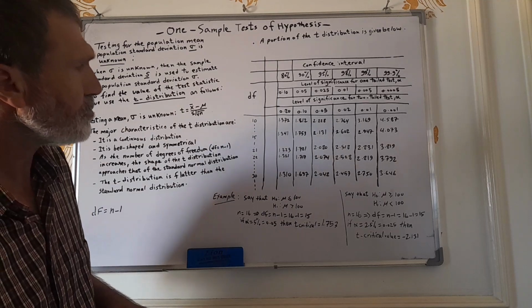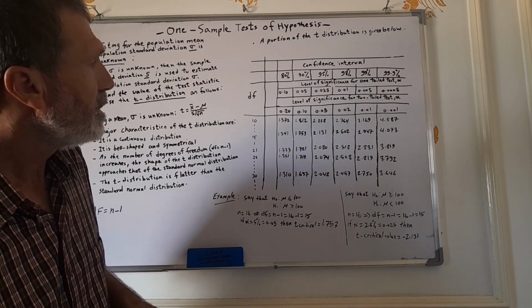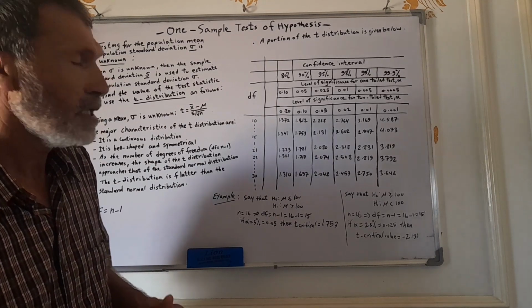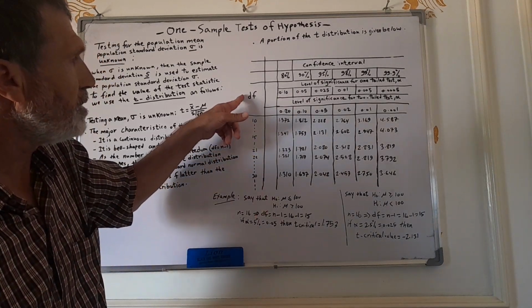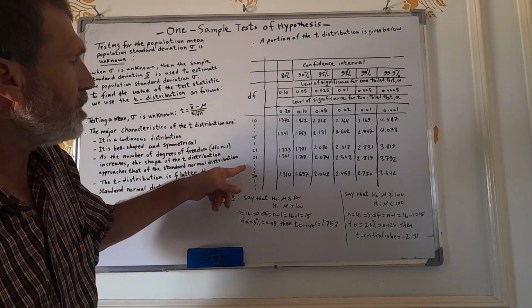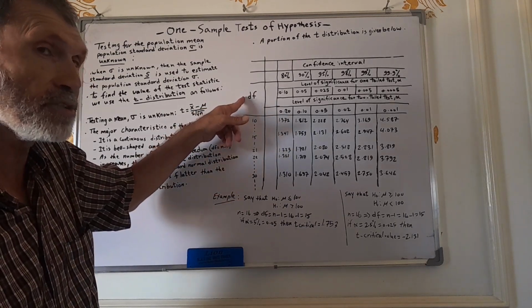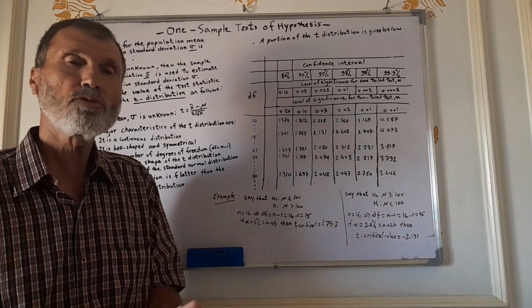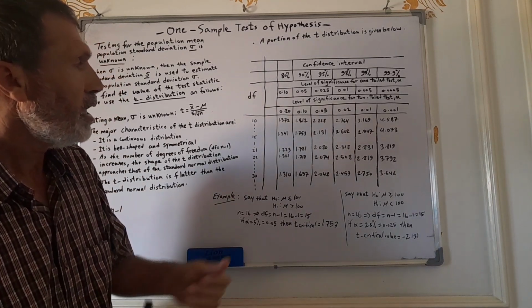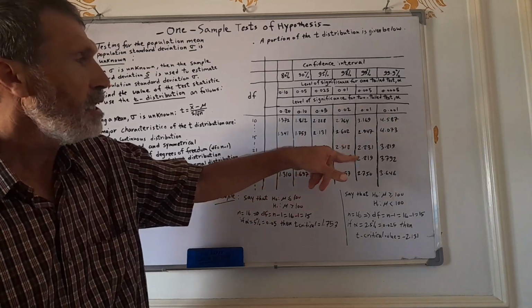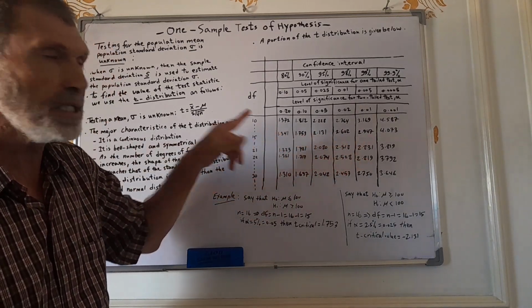Now, to determine the critical value, after we know that the far left column is labeled degrees of freedom, we need to know how to find the critical value. To find the critical value, first locate the row with the appropriate degrees of freedom.